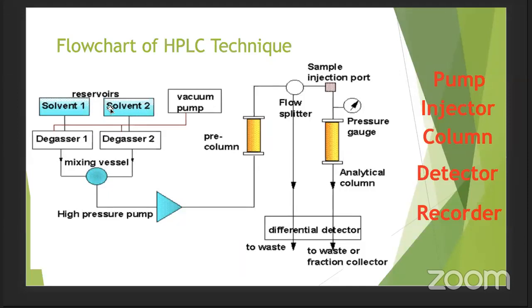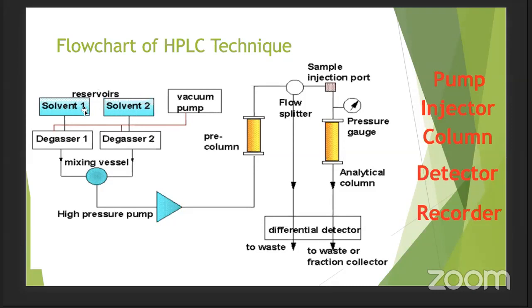In HPLC, there are two types of solvent reservoir systems. One is a binary system and the other one is a quaternary system. Binary system consists of two bottles or two reservoirs. Like this flow chart here, we show two solvent systems.